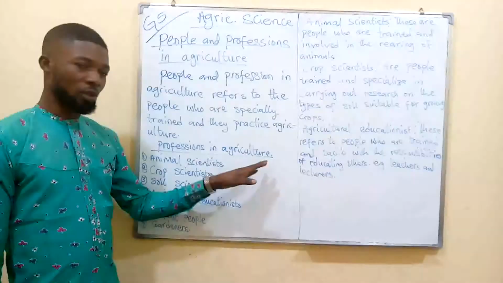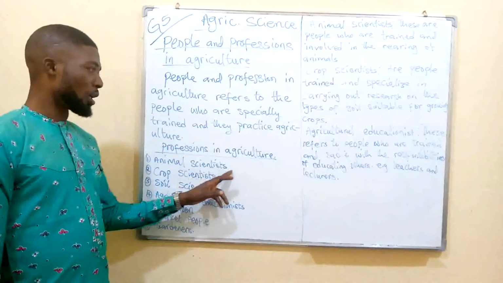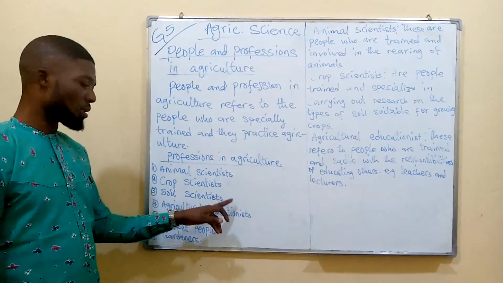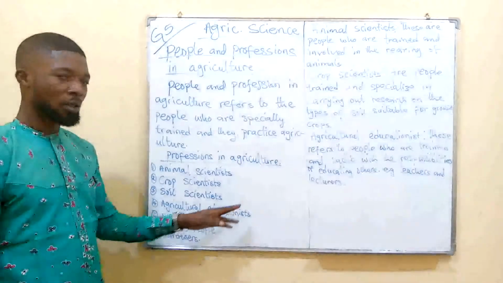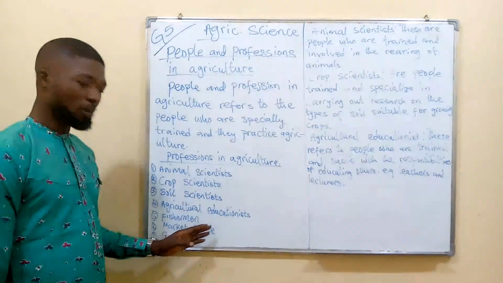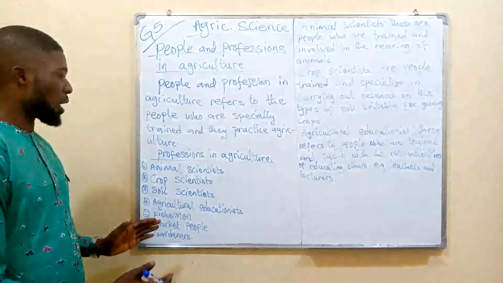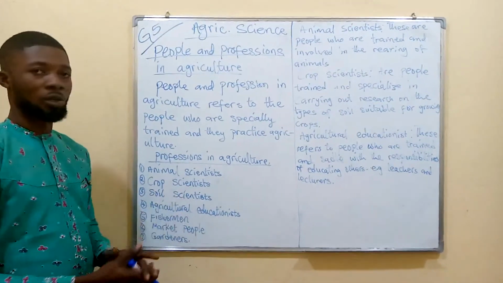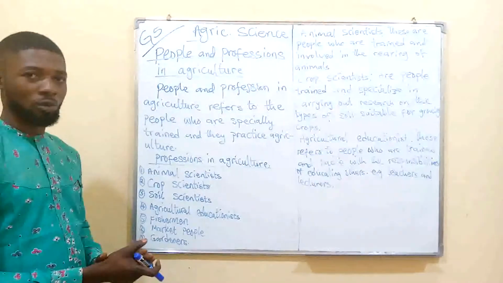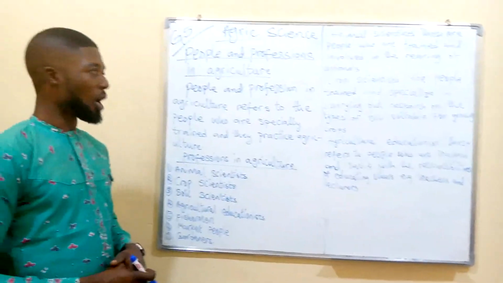And the professions include: number 1 animal scientist, number 2 crop scientist, number 3 soil scientist, number 4 agricultural educationist, number 5 fishermen, number 6 market people, number 7 gardeners. All of these involve people, which means that people are involved in order to carry out these professions in agriculture.